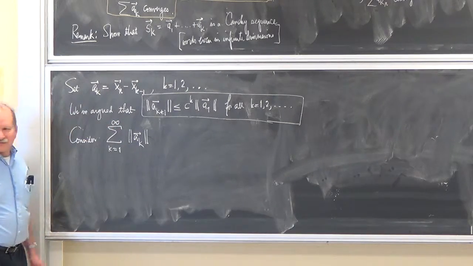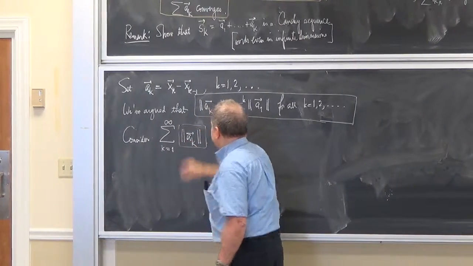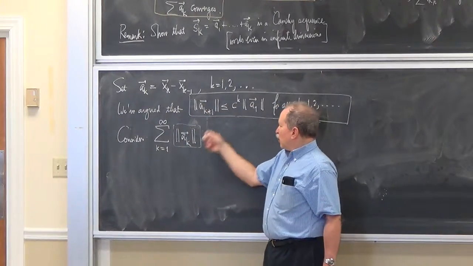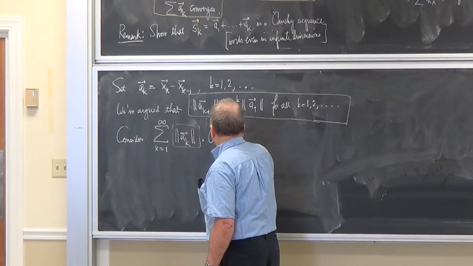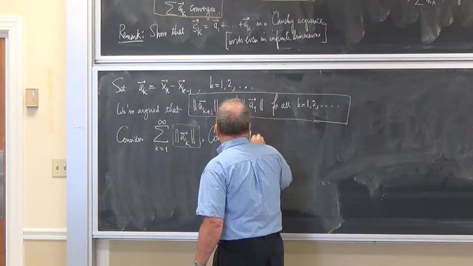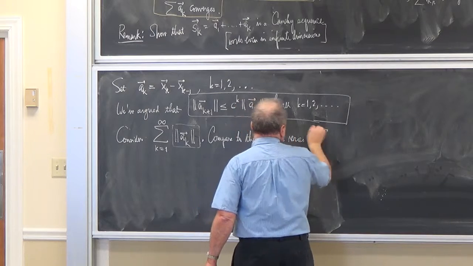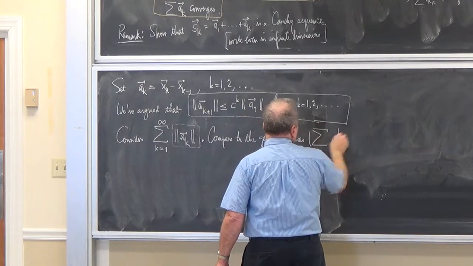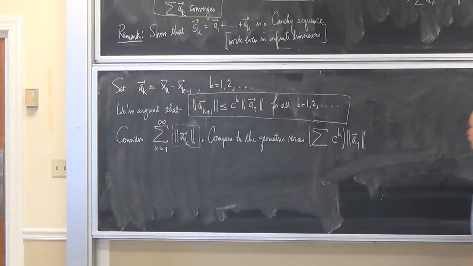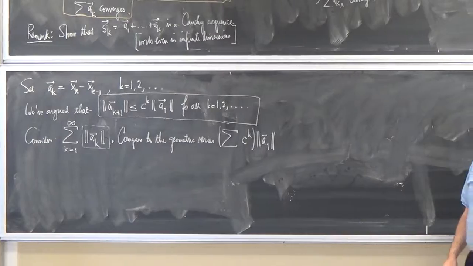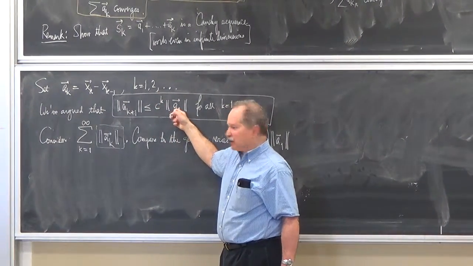Does this series converge? Yes. Because you can compare it to a geometric series here. Each one of these terms is bounded by c to the something times a fixed number.